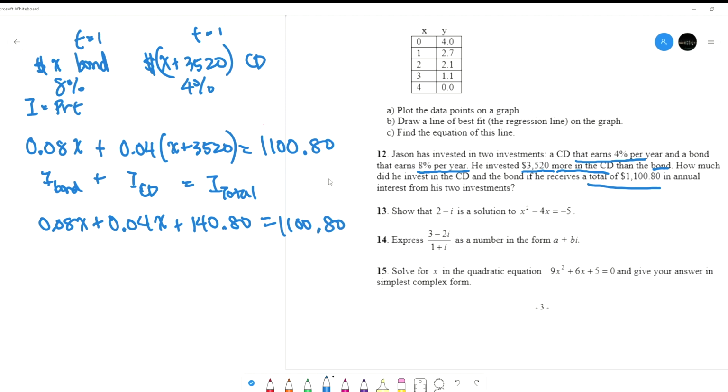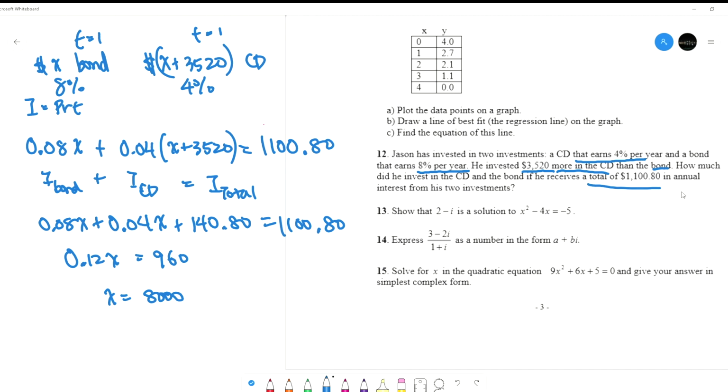So I have to subtract $140.80 from the 1,180. And what do we get? We get 960. So this is 0.12x is equal to 960 divided by 0.12. And we get x is equal to 8,000.